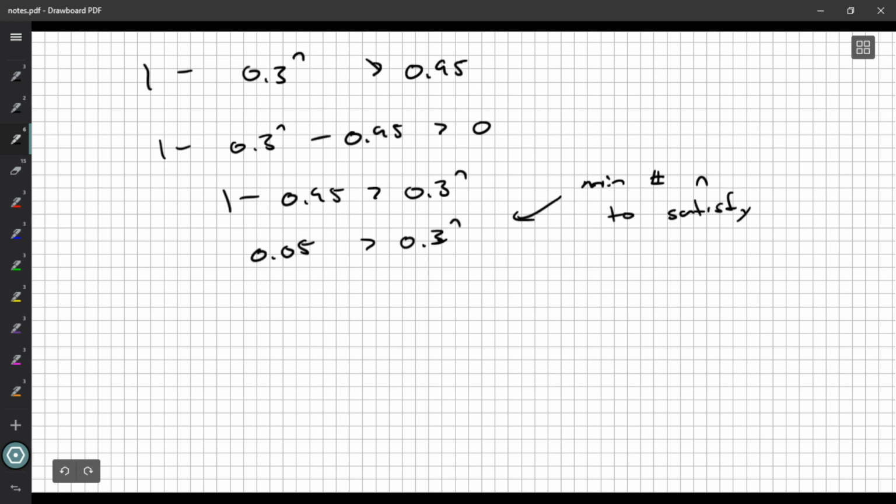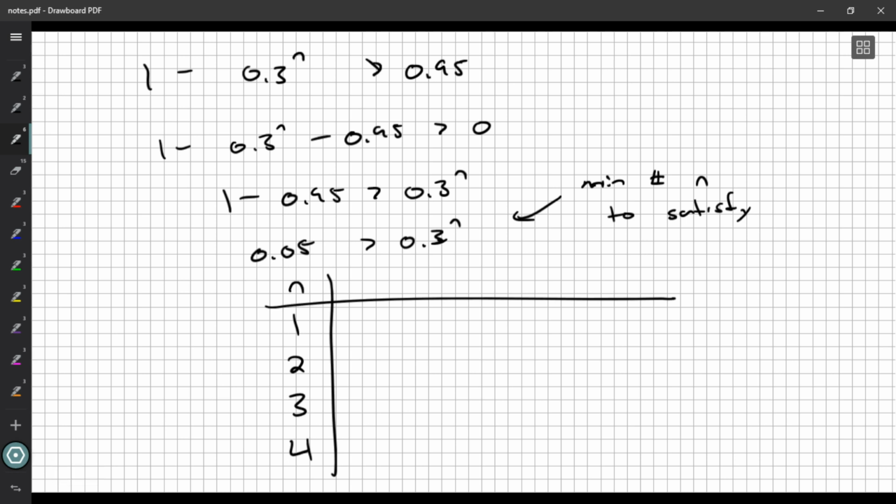We know it's got to be an integer number of tons of bombs. What we can do is make a nice little chart here. Maybe we'll load up 1 ton, or 2 tons, or 3 tons, or 4 tons. If we need to go to 5, we'll go to the next page. In the middle, we're going to calculate 0.3 to the n, and then we're going to ask the crucial question: is this less than 0.05?